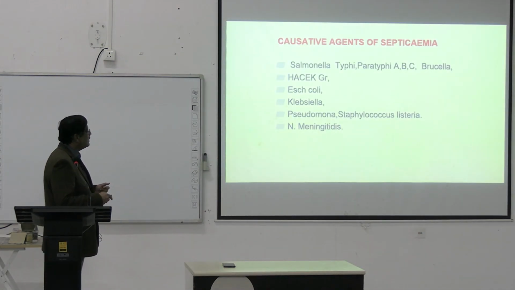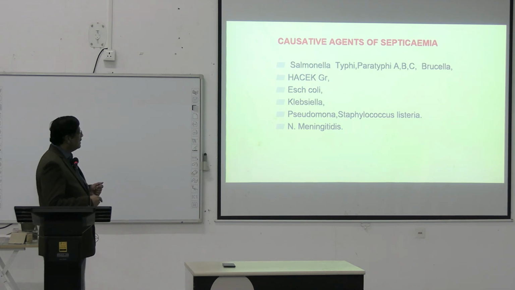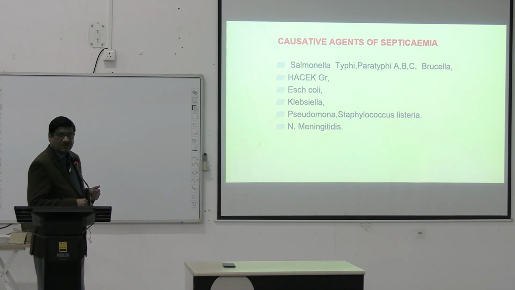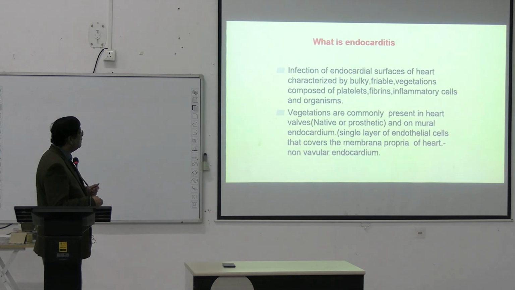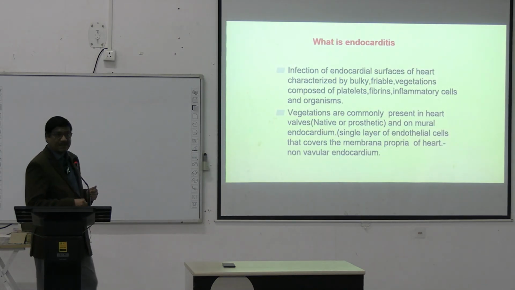Now, the causative agents of septicemia: Salmonella typhi, causative agent of typhoid fever, the HACEK group of organisms: Haemophilus, Aggregatibacter, Cardiobacterium, Eikenella corrodens, and Kingella kingae. And also Escherichia coli, Klebsiella, Pseudomonas, Staphylococcus, Listeria monocytogenes, and Neisseria meningitidis. They can produce septicemia, but we have to discuss endocarditis.